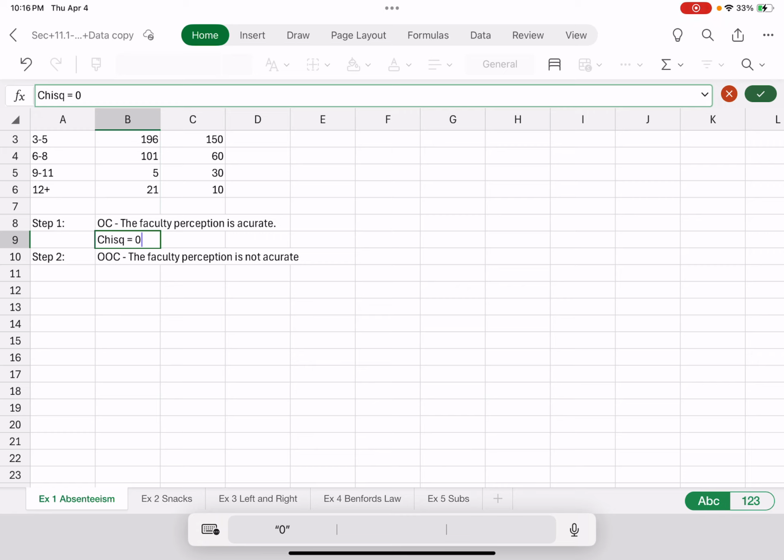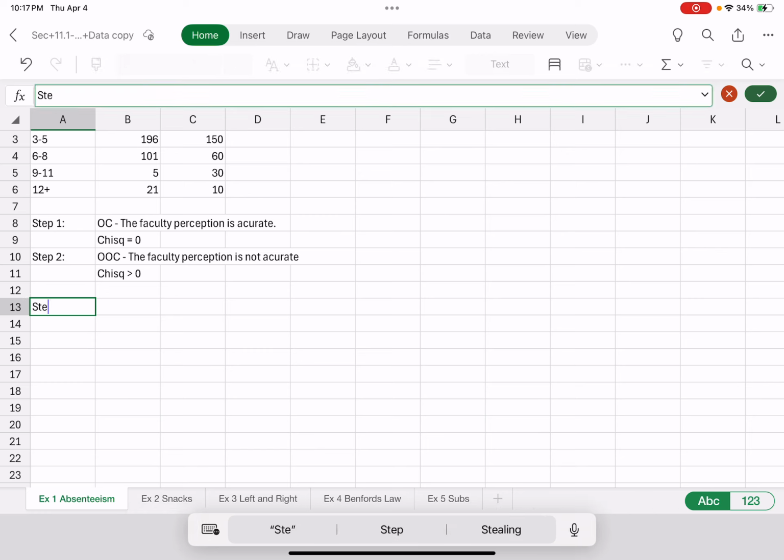When we talk about hypothesis tests about a mean, we're not talking about the data. We're talking about the actual mean. The actual chi squared is going to be 0. That's the original claim. The alternative to that is that the chi-squared is greater than 0.